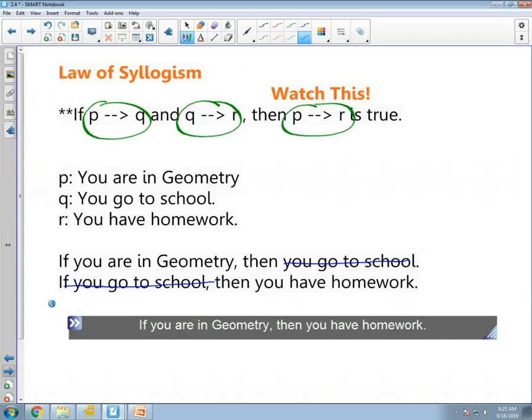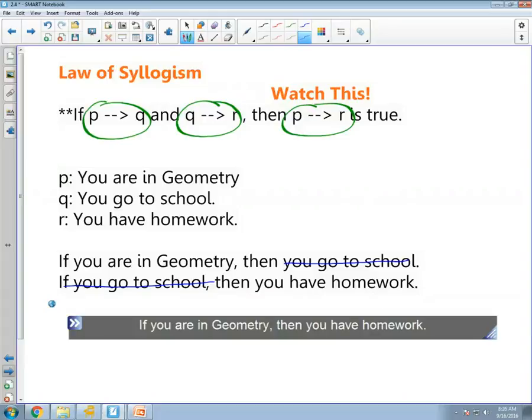What's left? Your answer. So that's how you can do law of syllogism. The first one ends like the second one begins, cancel those out, so your final if-then statement, if you are in geometry, then you have homework. That's a good conditional. I like that.